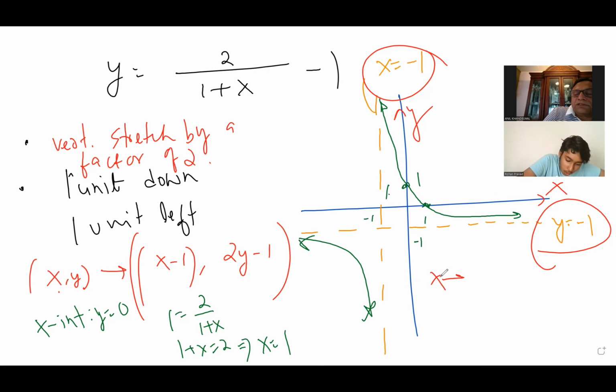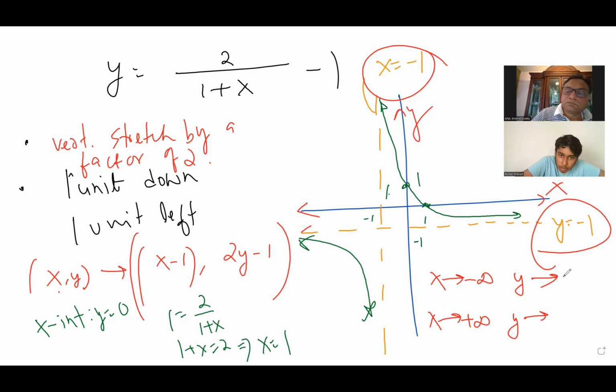Now, in this case, when x approaches negative infinity, tell me, y approaches what? y would approach negative 1 from below. Okay. How about when x approaches positive infinity? y would approach negative 1 from above, correct.